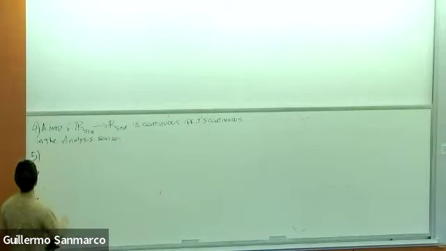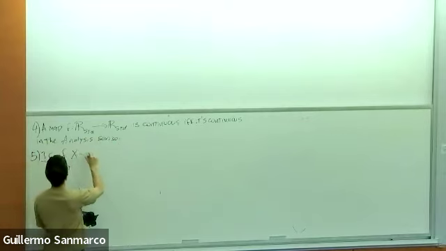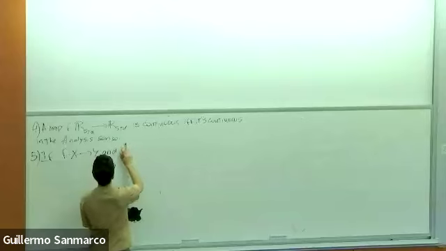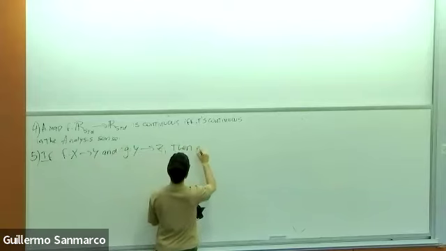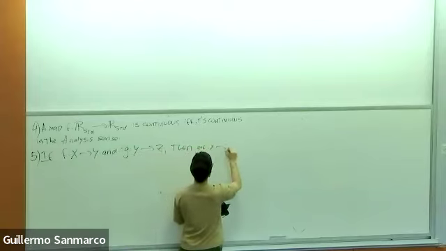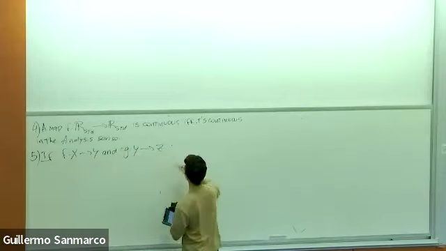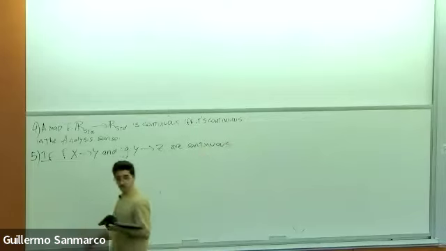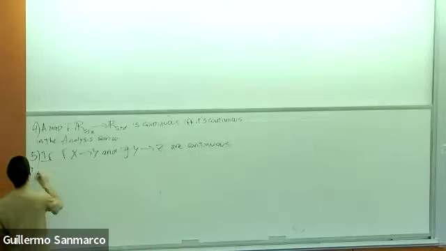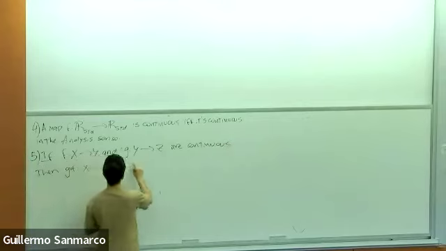And 5, this is another example, an exercise for you. If you have a function f from X to Y and another one, let's call it g, from Y to Z, and these two are supposed to be continuous, then the composition g of f, which is a function from X to Z, is continuous. So what I'm trying to say is the composition of continuous maps is continuous.